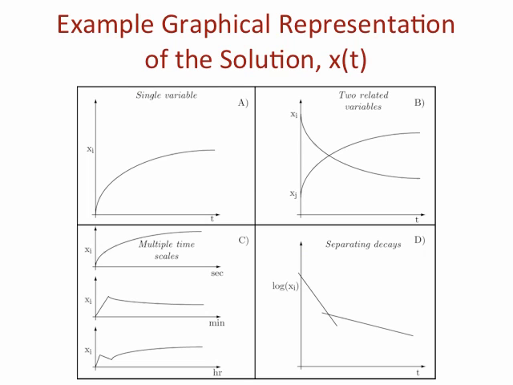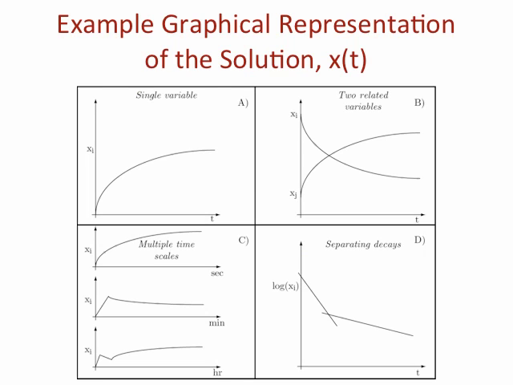Very often we plot 2 related variables together on a graph. In this particular case, these 2 curves are perfect mirror images of one another. So for every xi that disappears, an xj will appear. How you pick xi and xj is, of course, dependent on your insight into what your system's characteristics are.